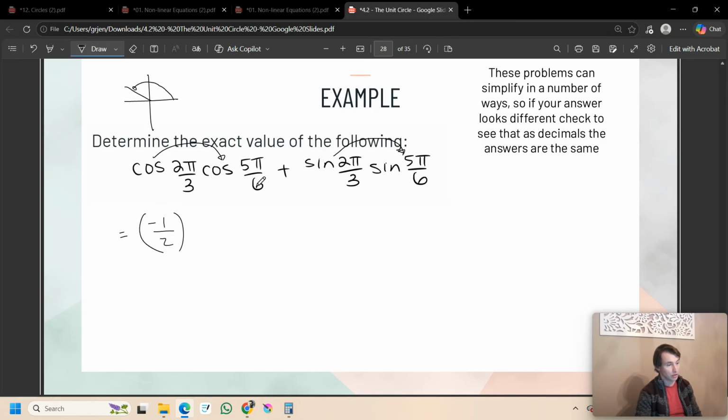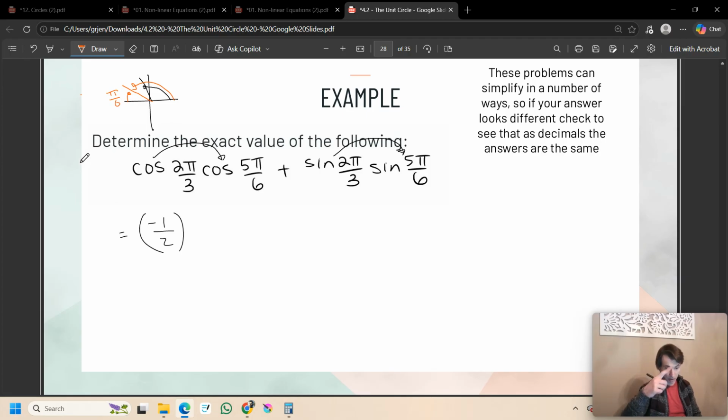Okay. Cosine 5 pi on 6, so the one I drew wasn't a very good diagram. Cosine 2 pi on 3 is more like that. Cosine 5 pi on 6 is over here, like that, where this is pi on 6.